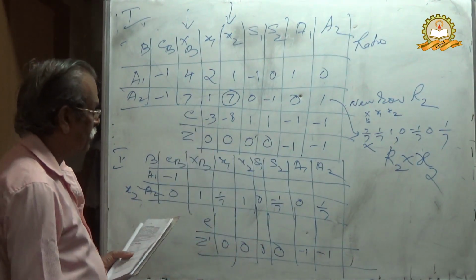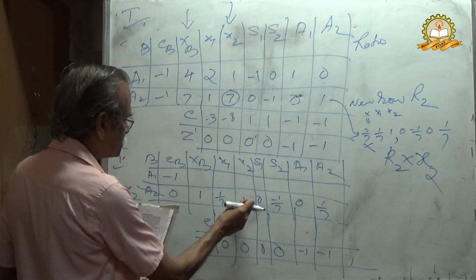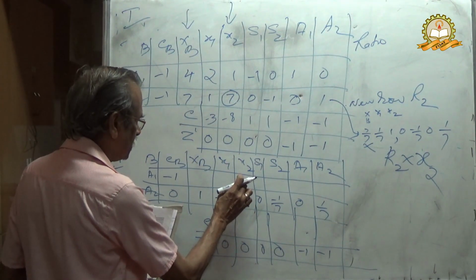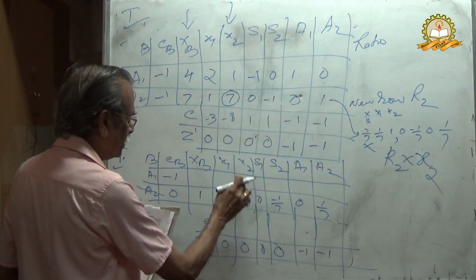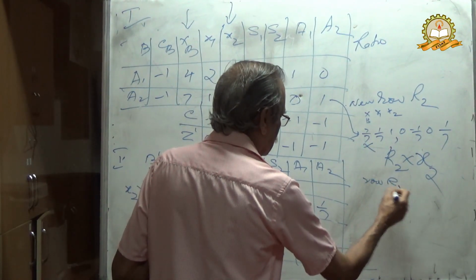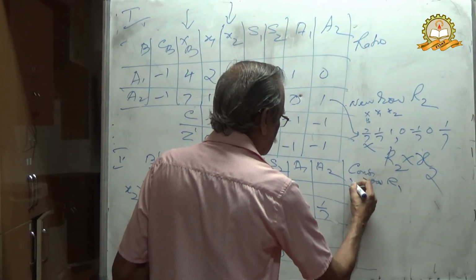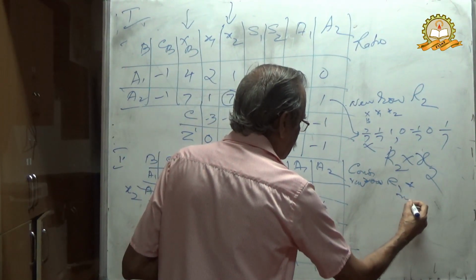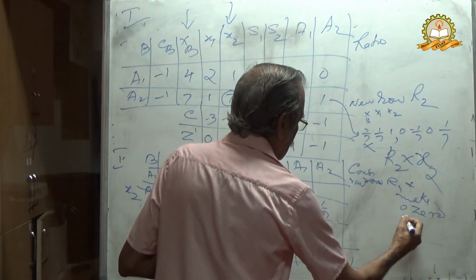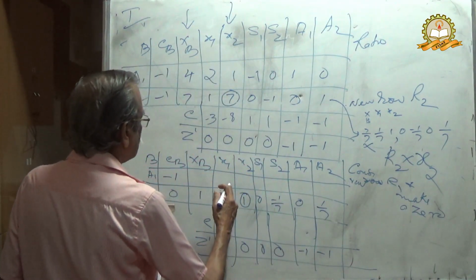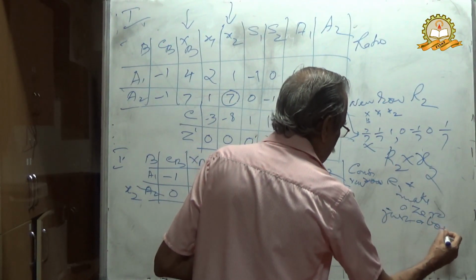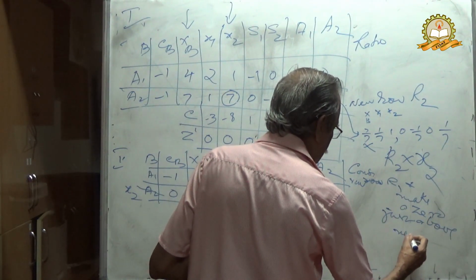Now, your job is, above this pivot number 1, to make this cell value 0. You will have to consider row R1 and make a 0 just above the pivot number obtained.